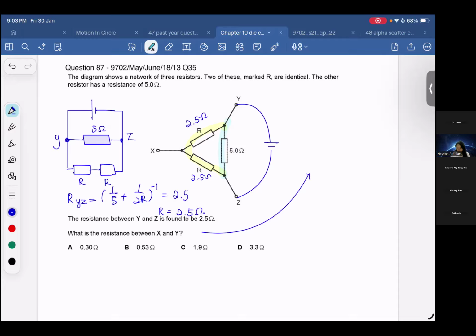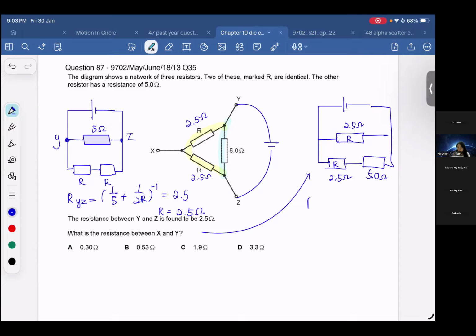Now you can proceed to the question here. What is the resistance between X and Y? So now you have to rearrange the circuit based on X and Y. X and Y will be your points here. So this is the resistance R. Here is resistance R plus 5.0 ohm. Here is R, here is R. The R we already got is 2.5. Here also 2.5 ohm.